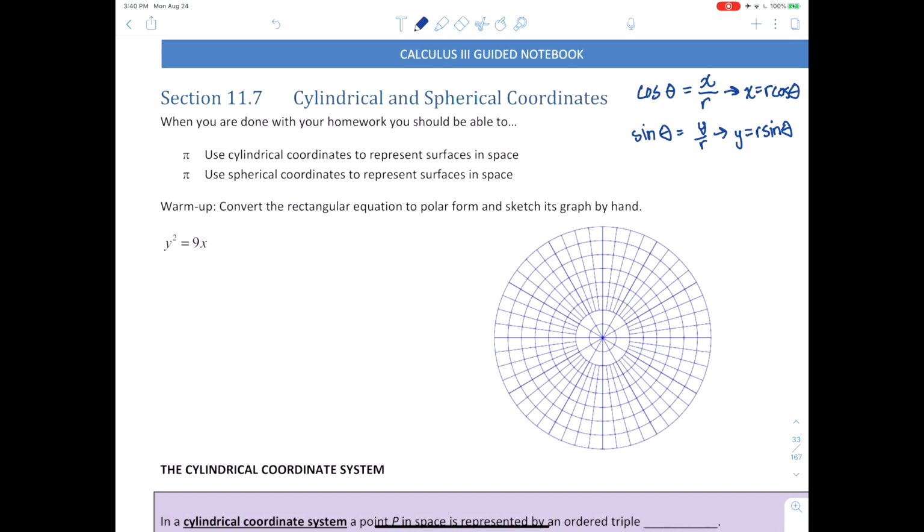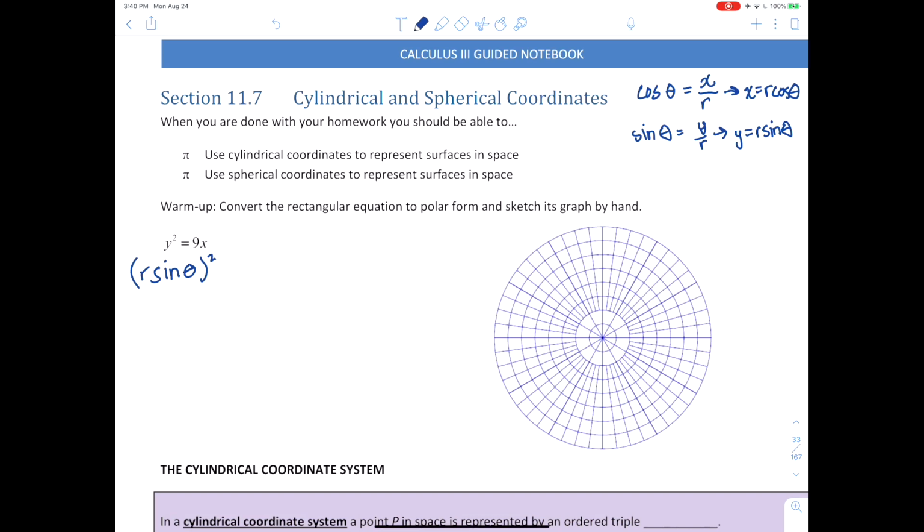Okay, so we'll be utilizing these, and let's go ahead and convert this rectangular equation to polar form and sketch the graph by hand. So what did we just say that y was equal to in polar coordinates? R sine theta. So we're going to square that because y is squared.